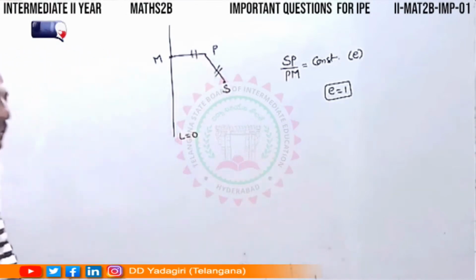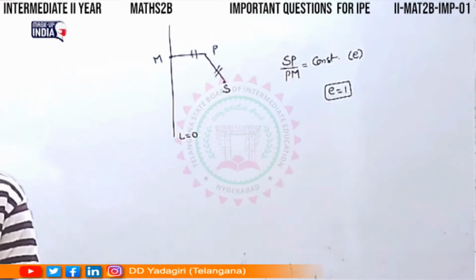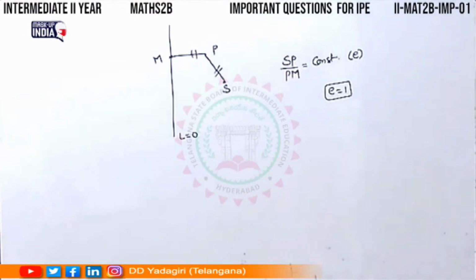That means the locus of the point equidistant from a fixed point and a fixed line is called a parabola.